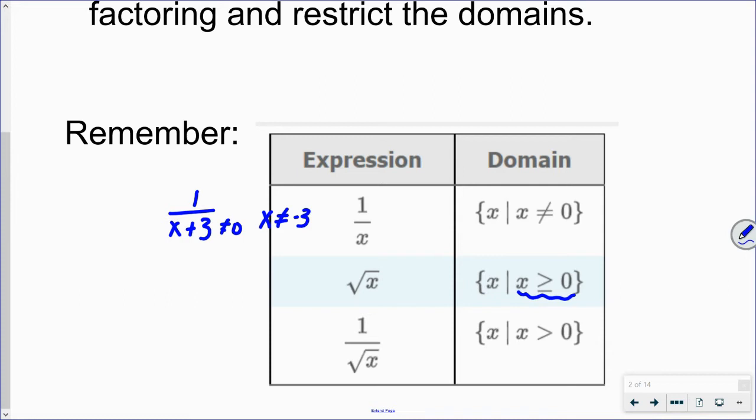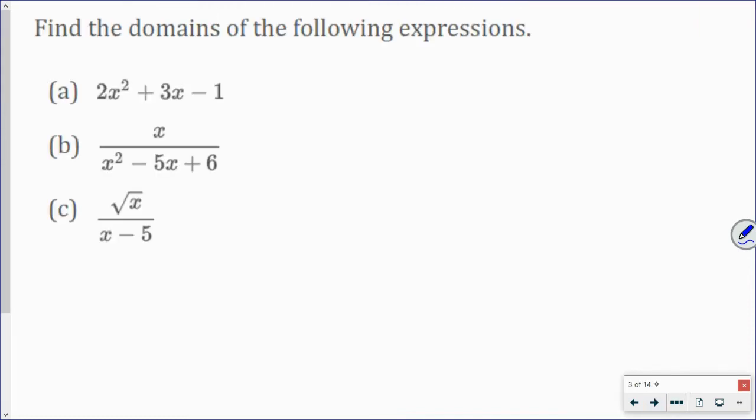And then if we combine the two here, just remember that the square root has to be bigger than or equal to 0, but I can't have a 0 down here, so we actually get rid of that equal sign. And we will use these facts as we go into restricting the domains of expressions.